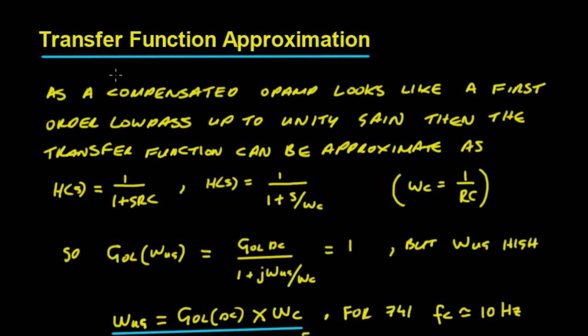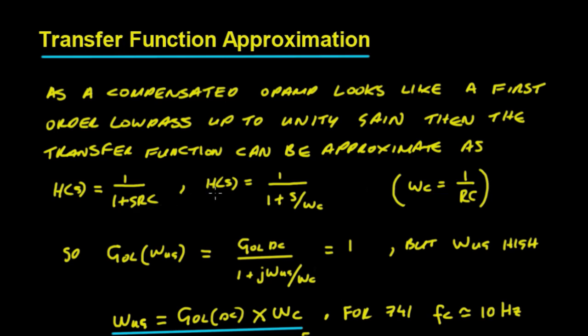Okay, so that's a little example of how to compensate an op-amp. Now, the transfer function approximation for this: we can see that a compensated op-amp looks like a first order low pass filter up to a unity gain, that is a gain of 1. Then the transfer function can be approximated by the low pass filter function, which is H(s) equals 1 upon 1 plus sRC.